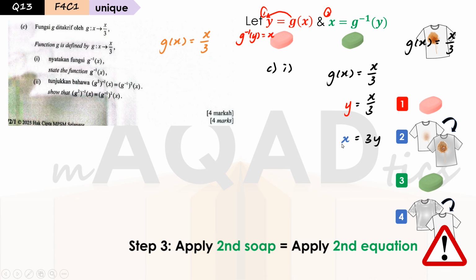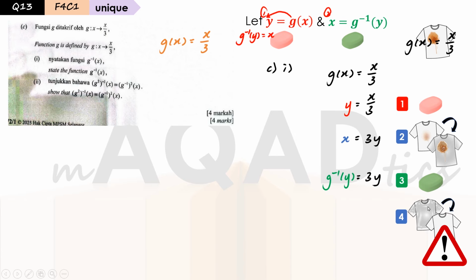Since we have x here, we change it to g inverse of y. And the last step is to flip back the shirt. Just now we flipped from y to x, now we do the same thing, from x to y. Since we applied these 4 steps, we have found the inverse of g, which is 3x.